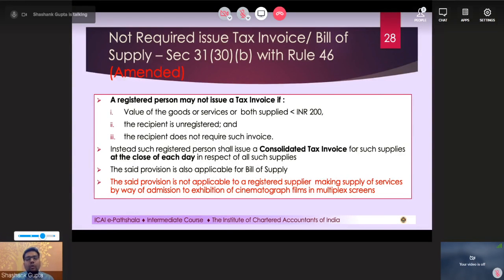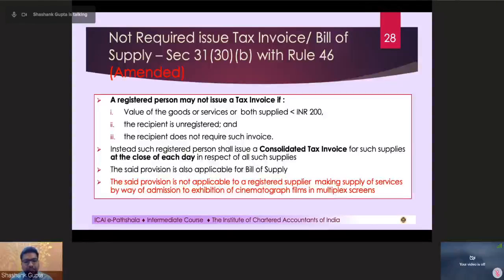So, if you go to your grocery shop and buy a soap, a shampoo, a bag of chips, a pack of biscuits, does he issue you an invoice every time? No. The law says that below 200 rupees, these are very nominal value transactions. So we are allowing you not to issue an invoice for every transaction. Not saying that you don't issue an invoice at all; there is no requirement to issue an invoice for every transaction.